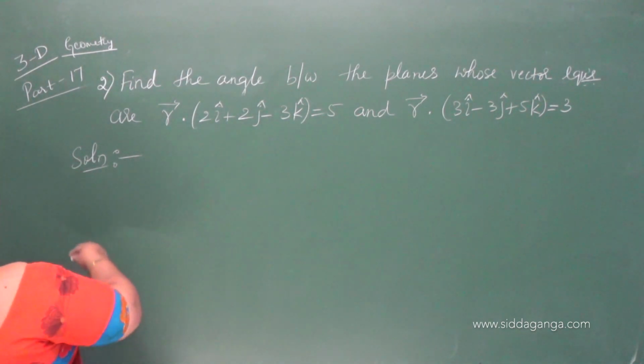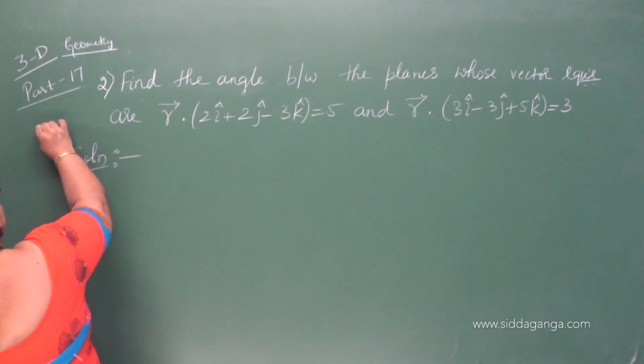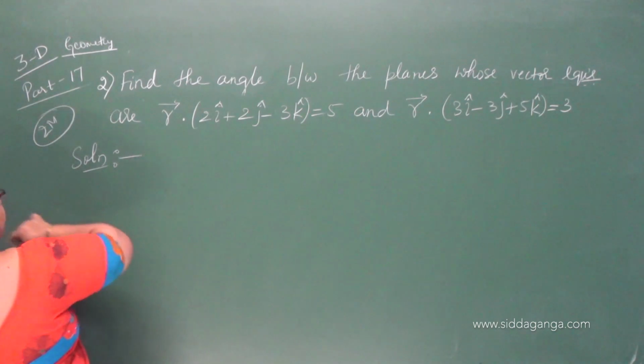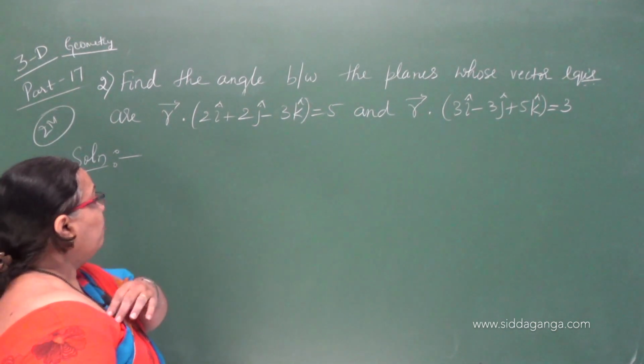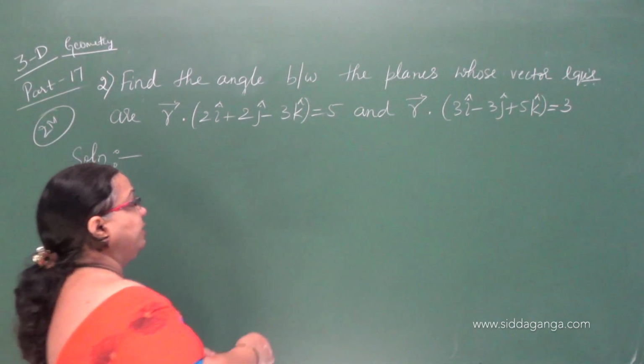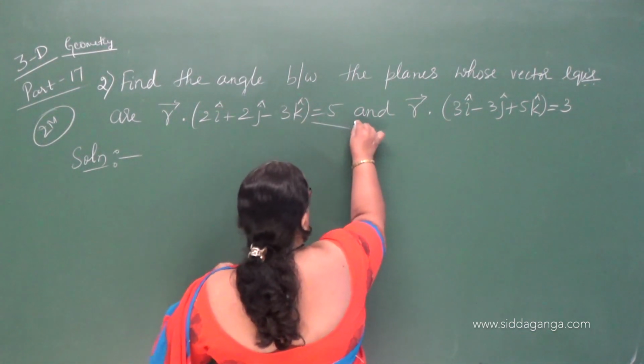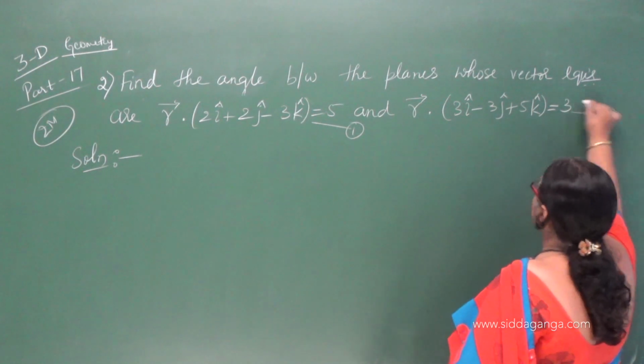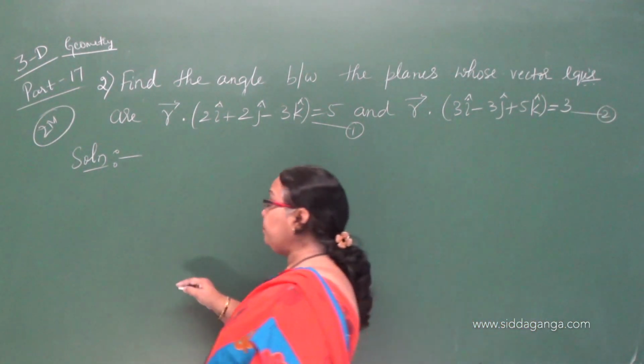In the exam, this is a 2 marks problem; they ask in part B, find the angle between. You take this plane as equation 1 and this plane as equation 2.